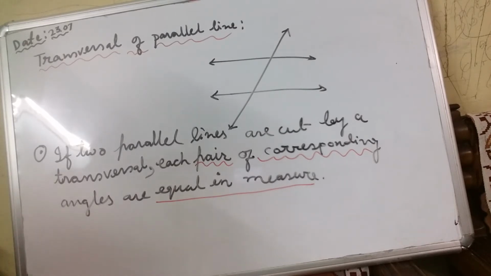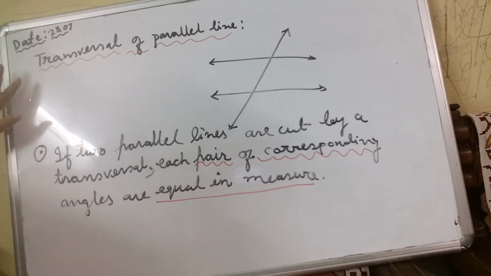Then we studied the transversal and the angles made by a transversal, like corresponding angles, alternate interior angles, and exterior angles. Now our today's topic is transversal of parallel lines.